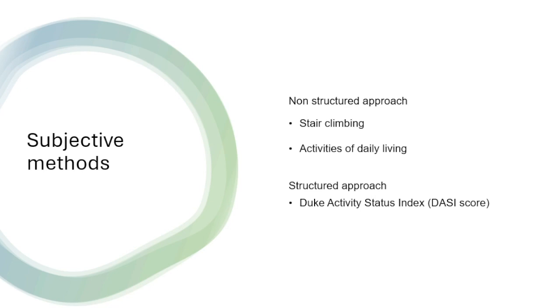So generally the staircase of 20 steps and 4 inches height is what we take, but the number of steps may vary from 18 to 22. Then according to the activities of daily living also, we can assess the MET value.